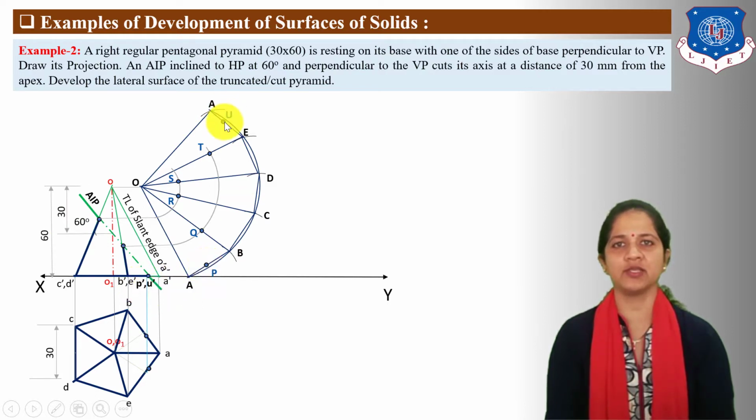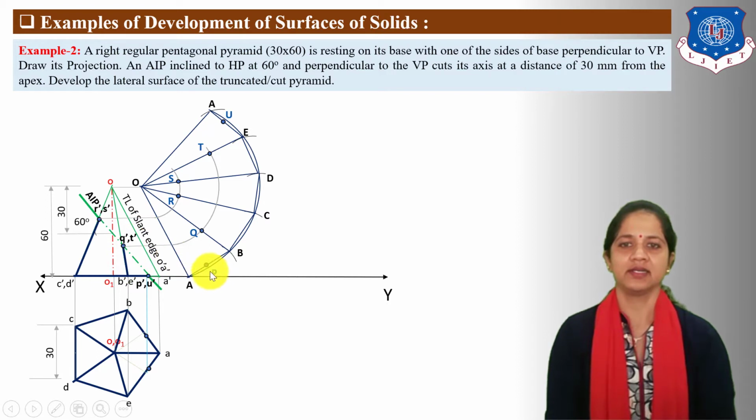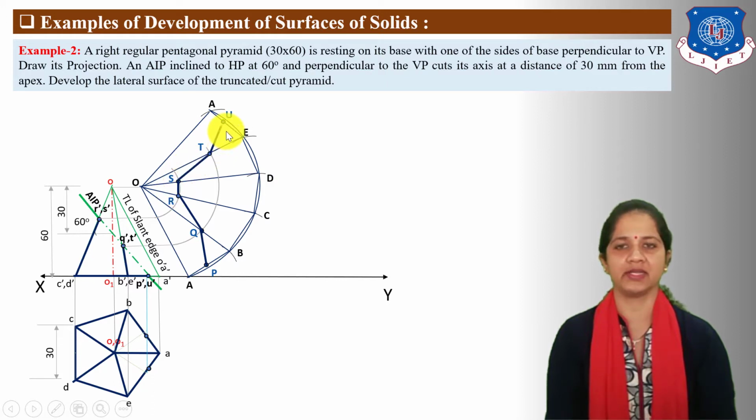Now P and U cutting points indicate base cutting points. R dash, S dash for OC and OD slanted. Q dash, T dash for OB and OE slanted. Next, connect all these cutting points in form of line in development.